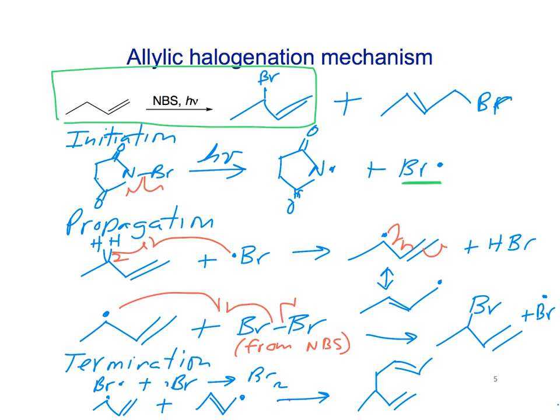If either of these two resonance contributors, or this allylic radical, combines with bromine radical, then you do form product. But that's a small contribution to the product formation. If you're drawing out a mechanism, I don't want you just to generate this and then combine radicals as a termination and say that's how the product formed. That's why we need to show the whole propagation cycle.